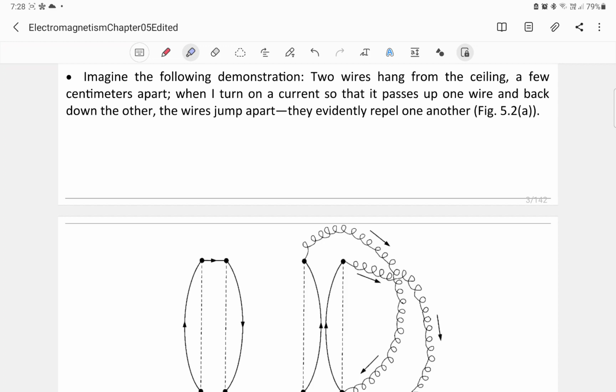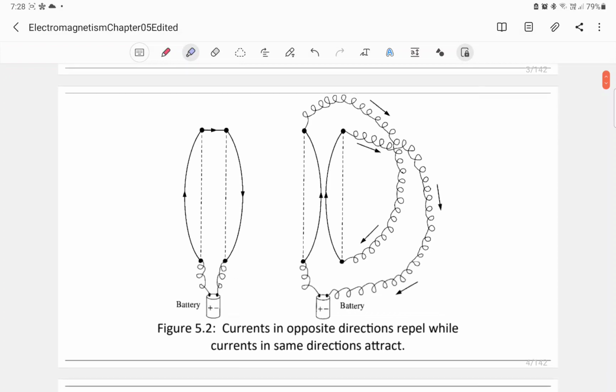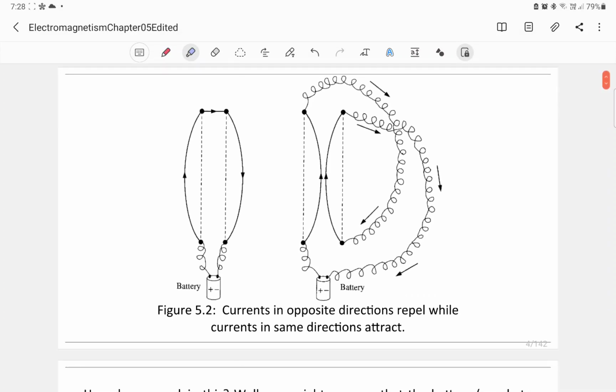They repel each other. And when the currents are in the same direction, they attract. If they are in opposite directions, they repel.